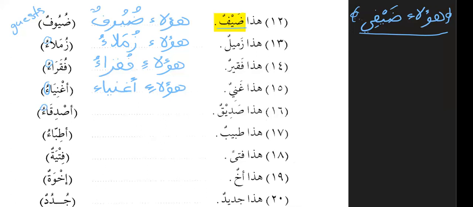And if you can hear that they all sound the same, like they're all from the same pattern, like زملاء, فقراء, أغنياء, أصدقاء, أطباء, because they all come under the pattern فعلاء. That's the general pattern that they follow.